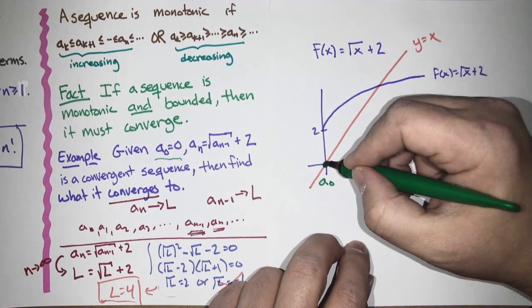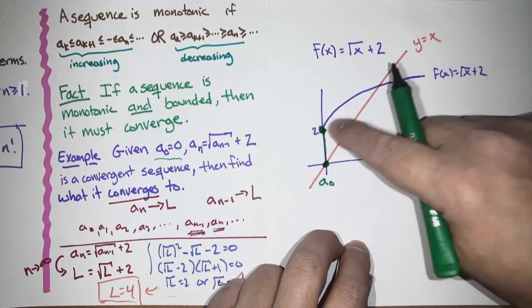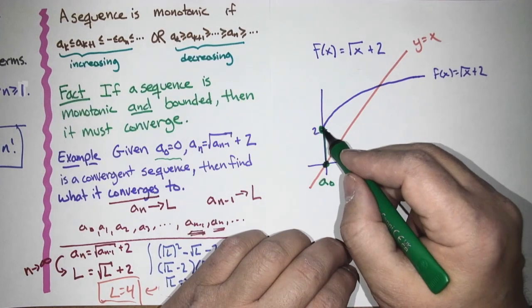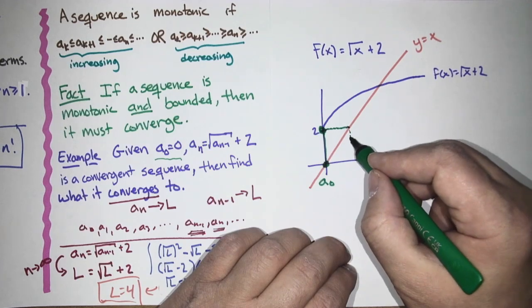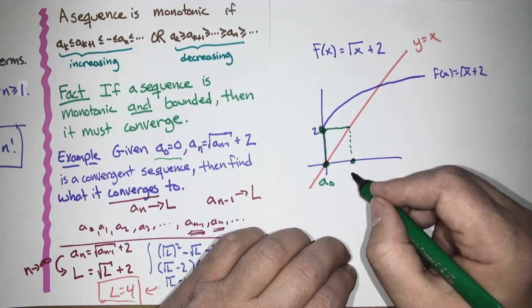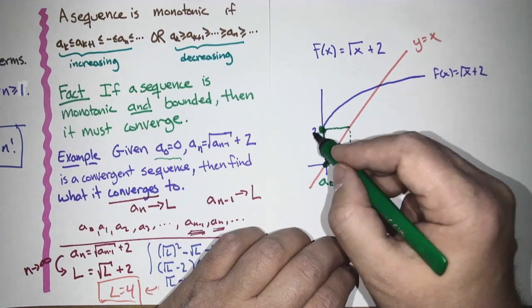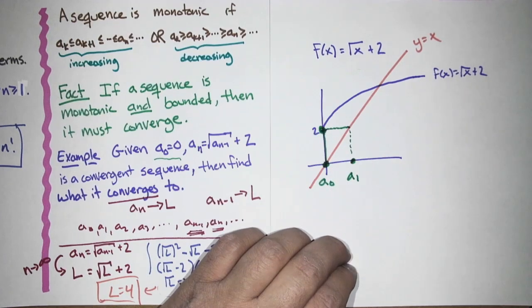So that's the same as saying come up here and say what's the value of the function? The answer is 2. Now I want to get it downstairs. So how do we do that? Well, if you move across to this line y equals x and then come down, this would be your a1. So you move up to the curve, square root of x plus 2, across to y equals x, back down, there's your a1.